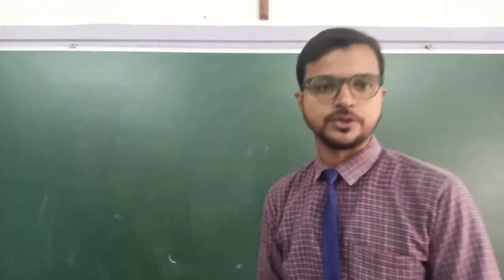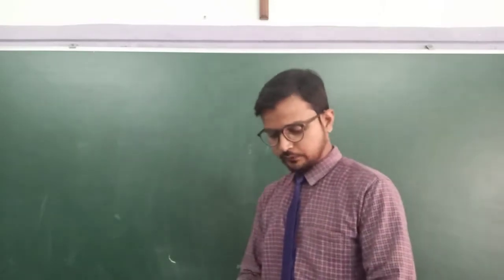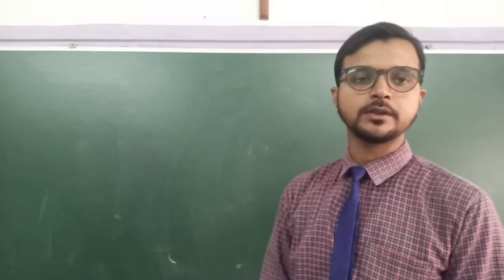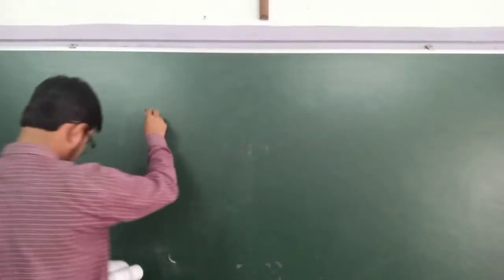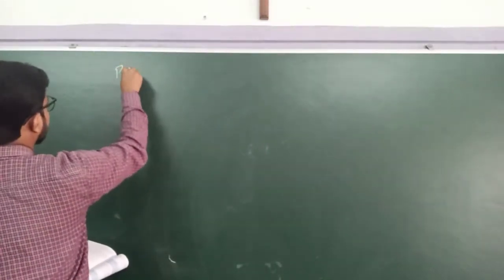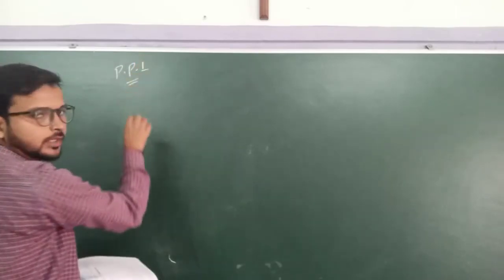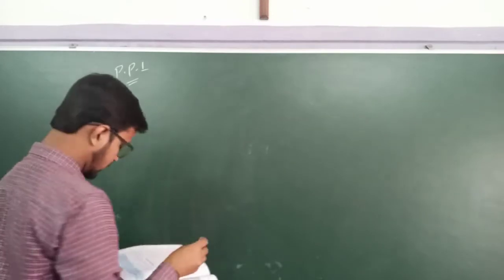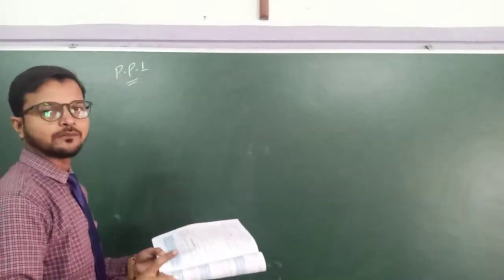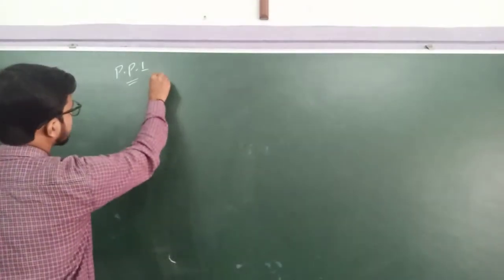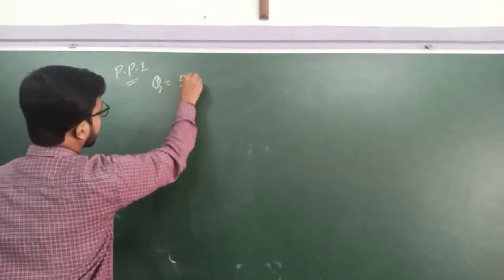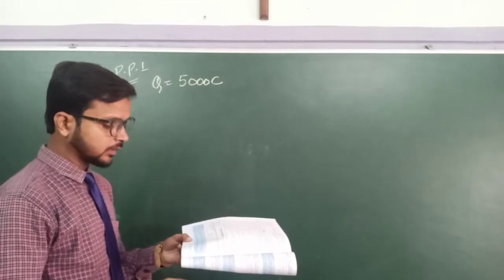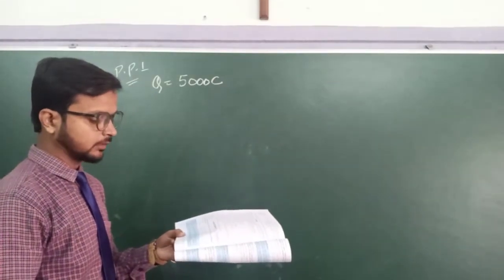What is our first question? Okay, student, the first question is a charge of 5000 coulomb. That means this is the value of Q. This is the first practice problem, first question in your book. A charge of 5000 coulomb is given, passing through an electric circuit in 2 hours and 30 minutes.